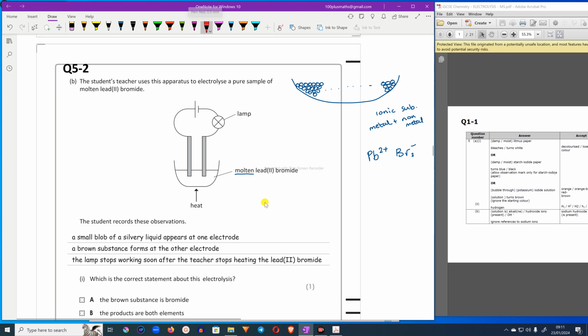I'm putting these here just to remind me which ions they are. So that's lead 2+ and bromide. Now, if that's solid, I've got this, plus minus.